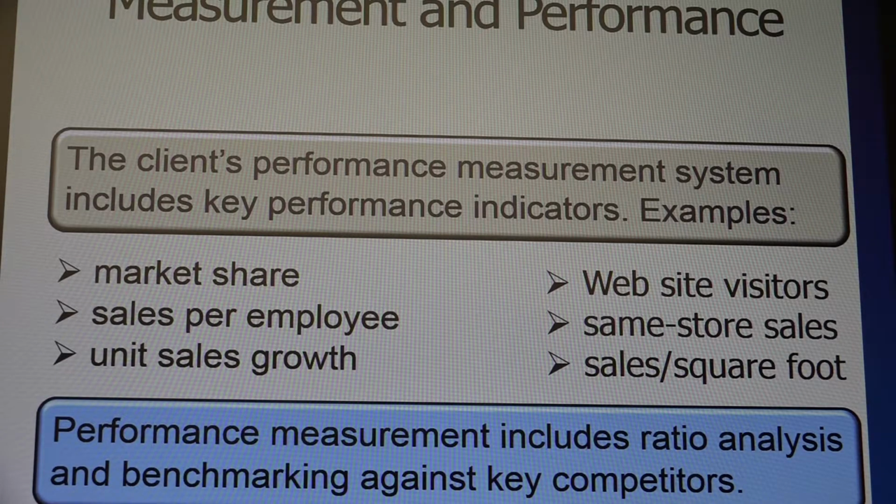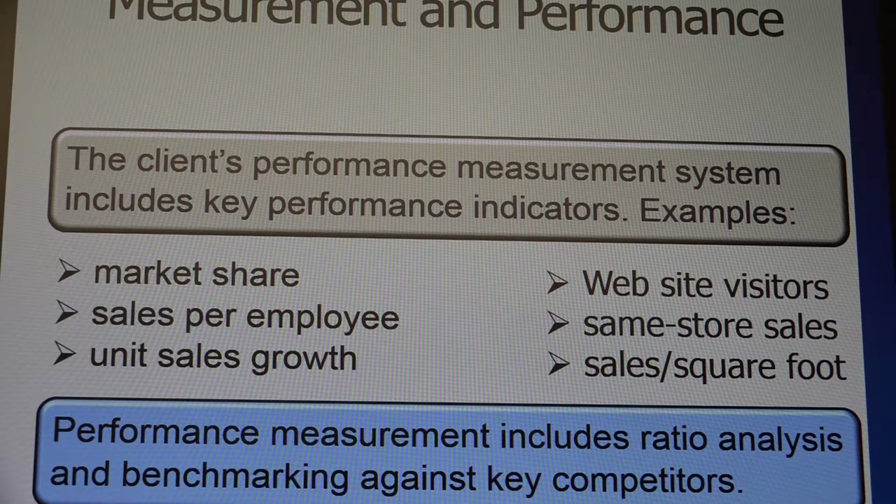The next factor in understanding a client's business and industry is measurement and performance. How does the client measure its performance? And so here are some examples. They may measure their performance by how much market share they have in that particular industry.